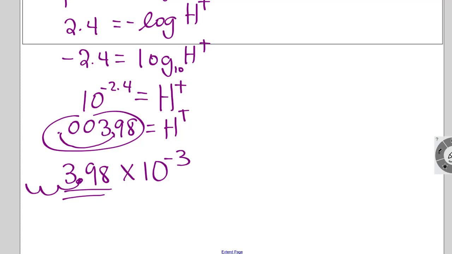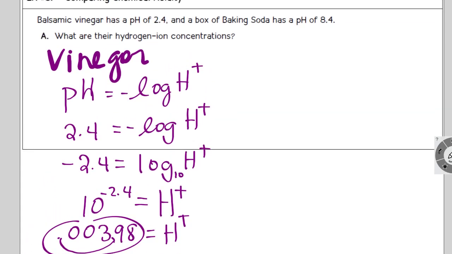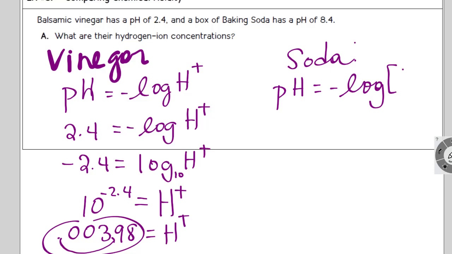Okay, we can do the same thing for baking soda. Okay, so we've got the same formula. The pH is equal to negative log of the hydrogen ion concentration.